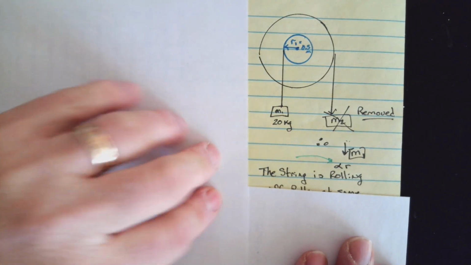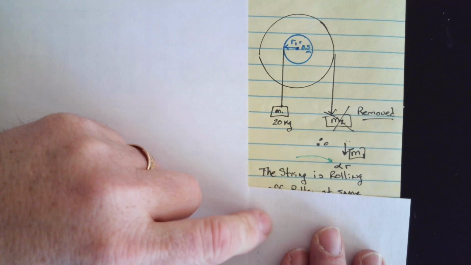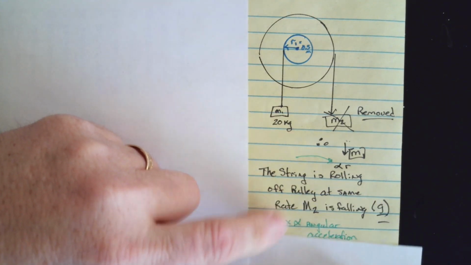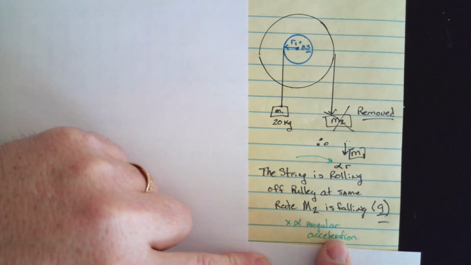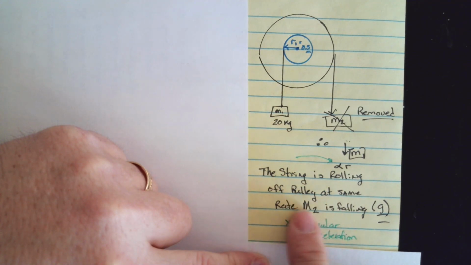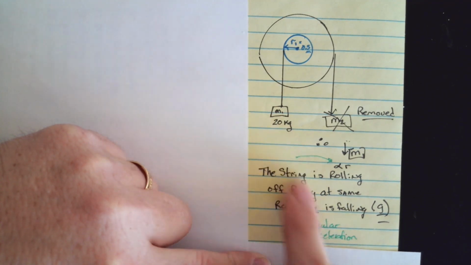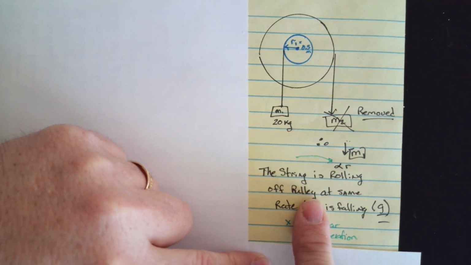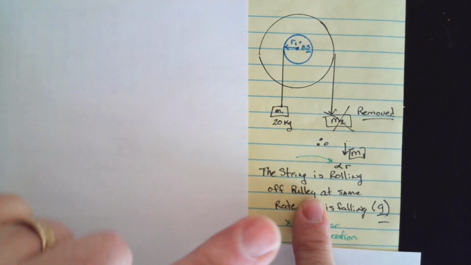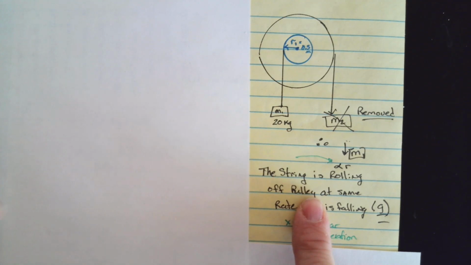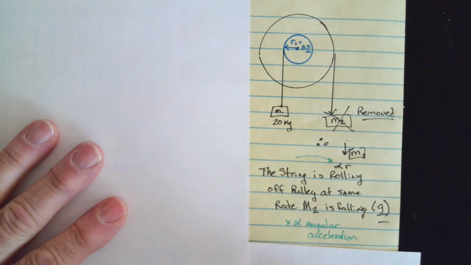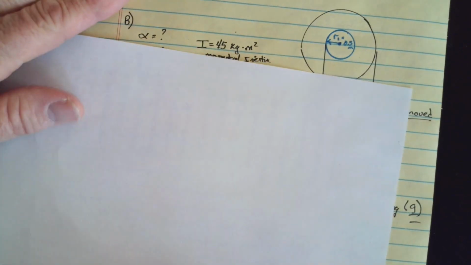So the string that is rolling means my angular acceleration is going to be at the same rate that mass 1 is falling, which is really basically gravity, right? So we have two things that are going to help us solve this problem: the rotation, which is what we're looking for, the angular velocity, and the velocity of the mass actually falling.